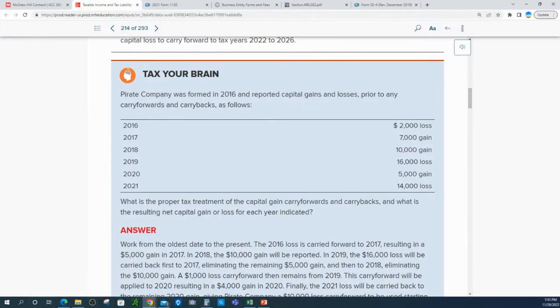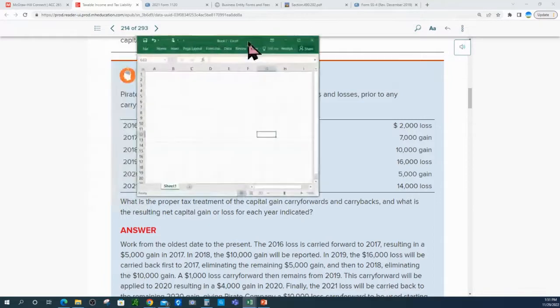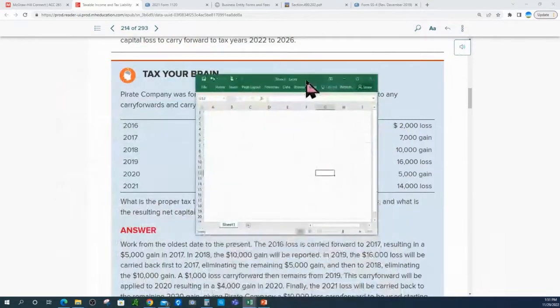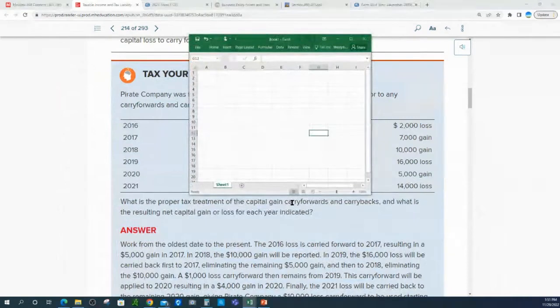Let me get the Excel spreadsheet up here. So for 2016, they've got a $2,000 loss. 2017, $7,000 gain.